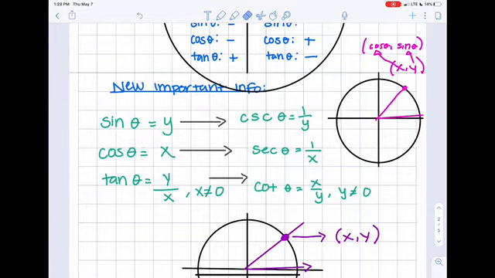And so you'll see here that sine of theta is the same thing as your y coordinate, and its reciprocal function cosecant theta is 1 over y. Whereas your cosine is equal to x, its reciprocal secant is 1 over x.